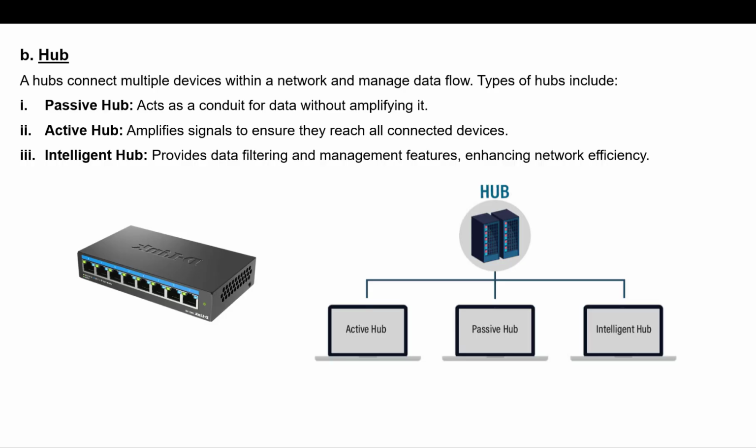So the third one we talk about is the intelligent hub. It says it provides data filtering and managing features, enhancing network efficiency. So an intelligent hub means it filters the data. For example, if you send something to a specific port, it filters the data.